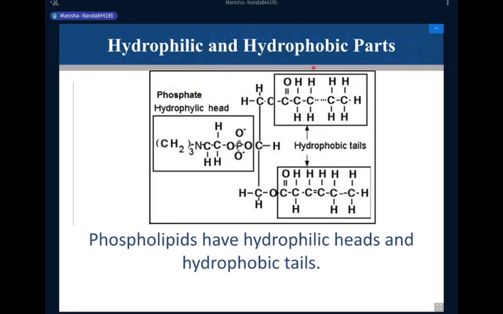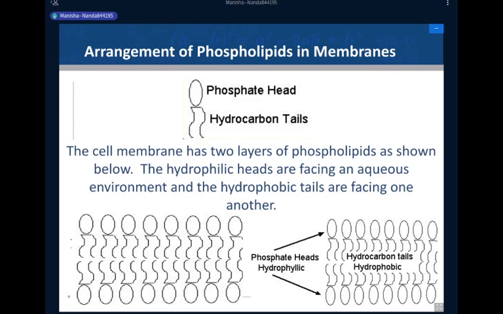Now, the hydrophilic and hydrophobic parts you can see here. The phosphate head is hydrophilic in nature, whereas these hydrocarbon tails are actually water repelling, or hydrophobic. Then the arrangement of phospholipids in membrane. This is the phosphate head part, and this is the hydrocarbon tail.